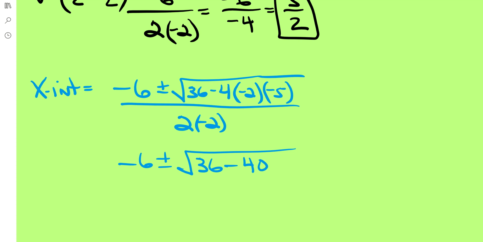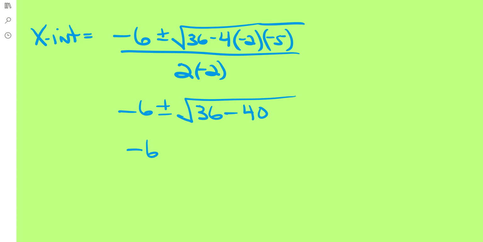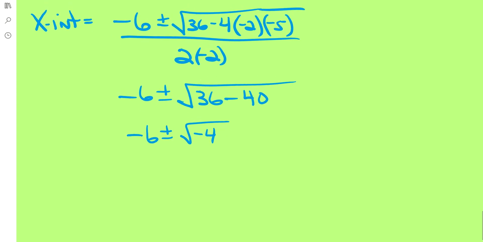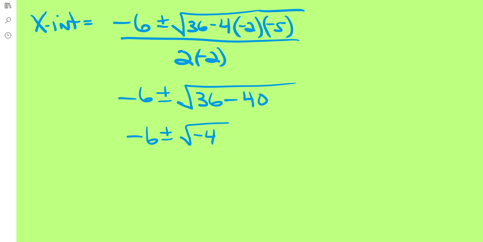Okay, and that'll get me -6 plus or minus the square root of -4. Ah, -4. And here I'm going to get imaginary numbers as part of my x-intercepts. All right, so I'm going to rewrite this to be -6 plus or minus 2i. And that's all going to be over -4.